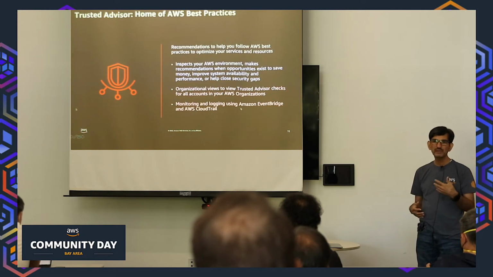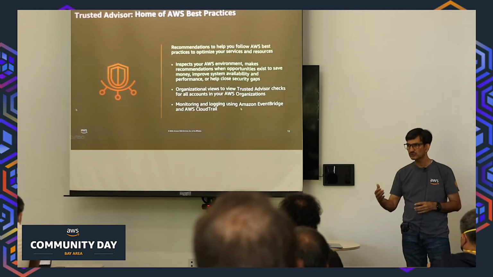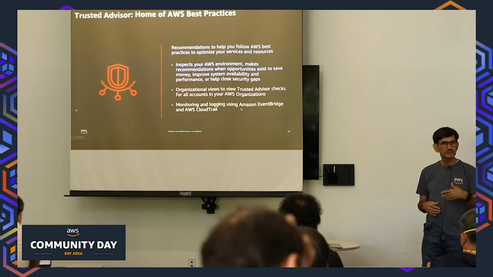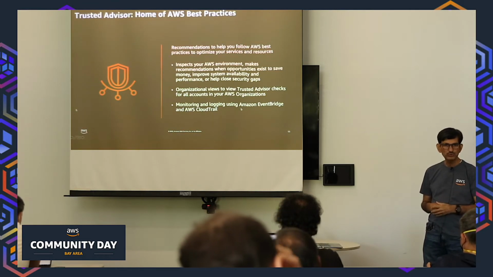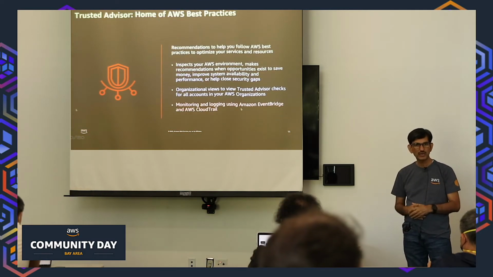Those rules have been designed learning from hundreds and thousands of AWS customers. And we are constantly changing those rules, as well as designing newer checks for different AWS services.